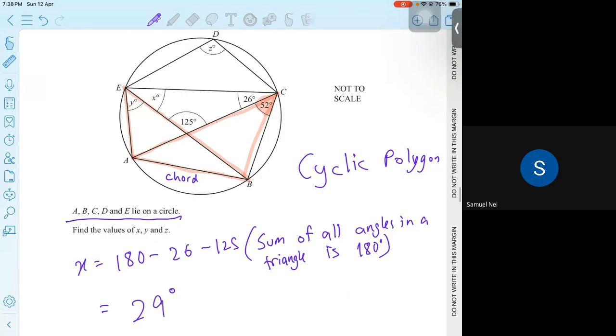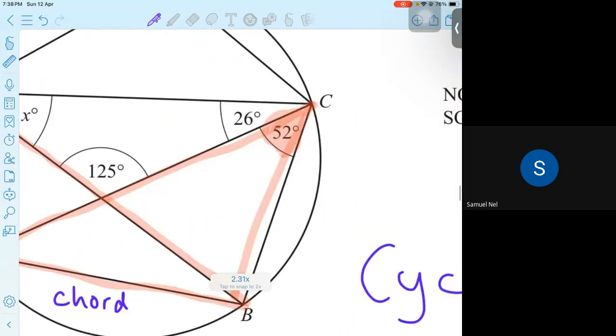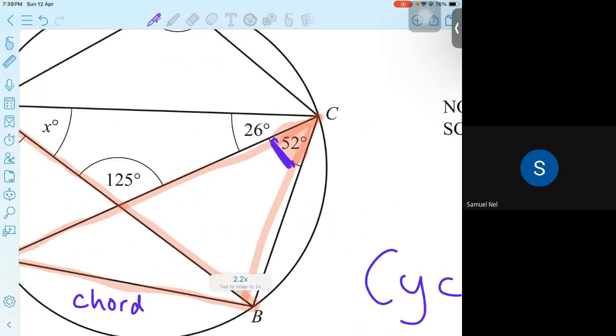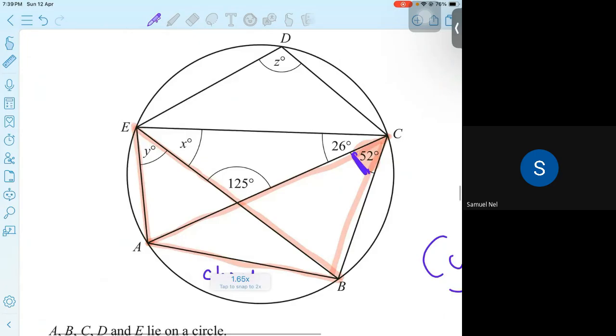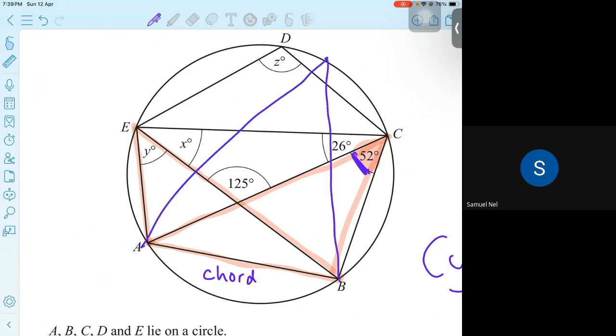So since AB is a chord and AB has given me one value of 52, that means anywhere else in the entire circle, if this AB has given any other angles, it should also be equal to 52. Are you with me? So let's say if I had this shape, this would also be 52 because it started from A and B. Okay.